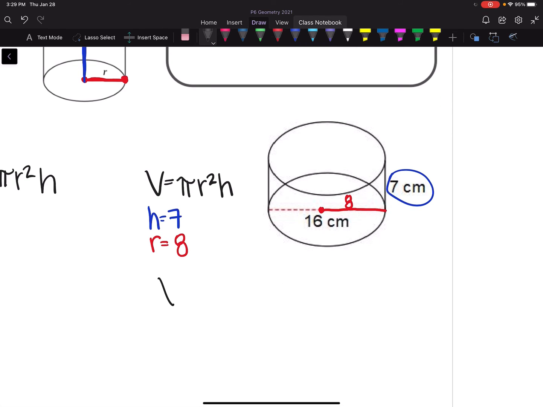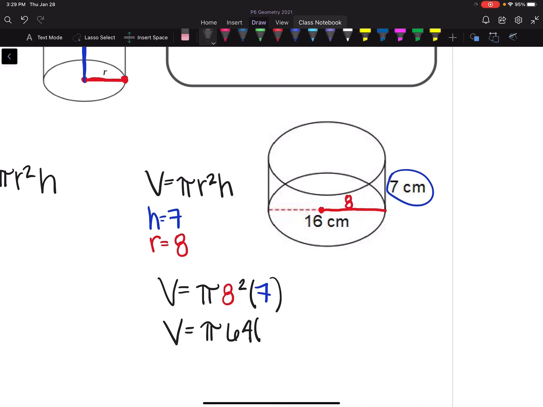So from here, I can go ahead and plug in my r and h values. So I know 8 squared is 64.